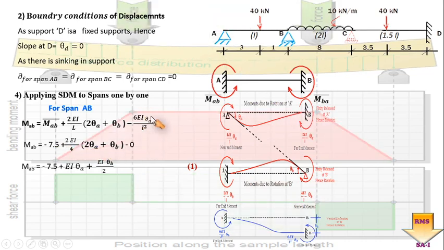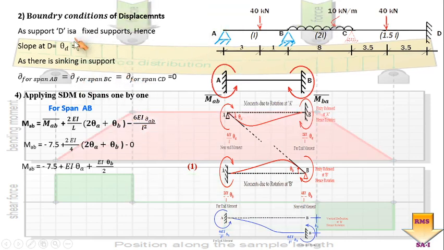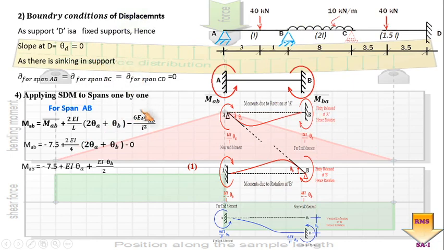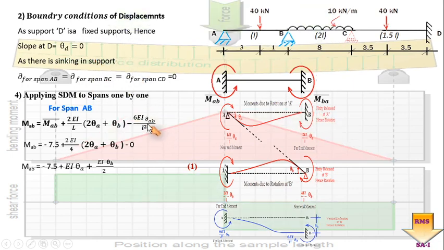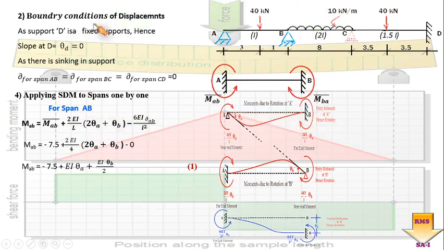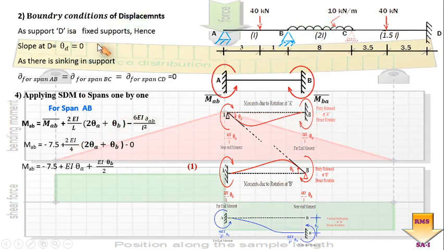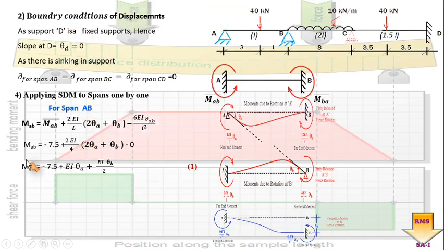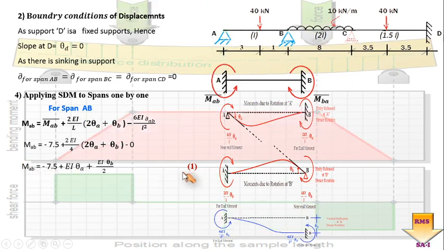As far as delta is concerned, it is already equal to 0 because this is one of the boundary conditions, no sinking effect is going to take place. So that is why delta AB is equal to 0. Is it okay? So these are the various usages of the earlier things we have discussed in the earlier slide. Is it okay? So we have worked out the final moment value as equation number 1.